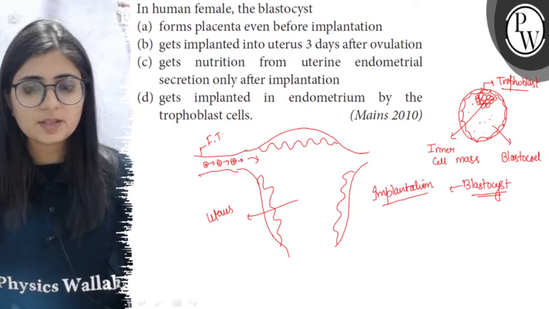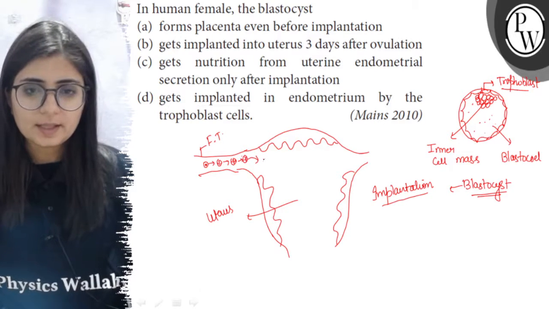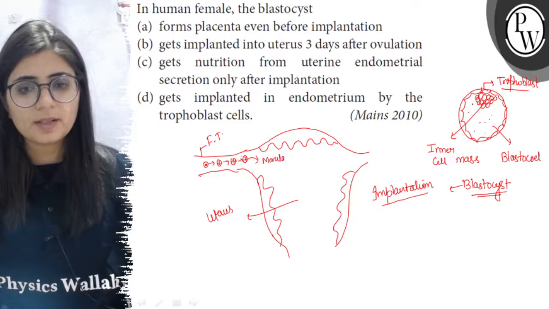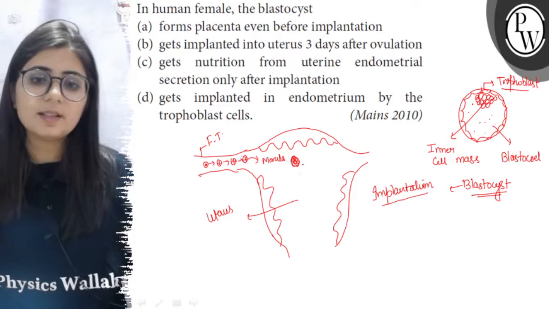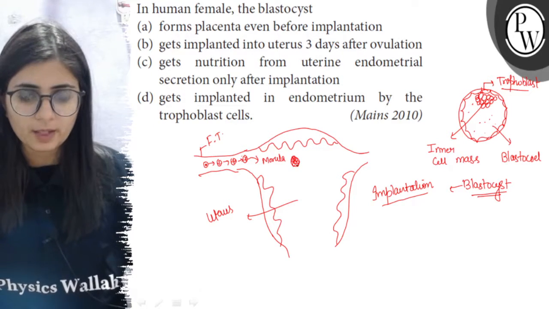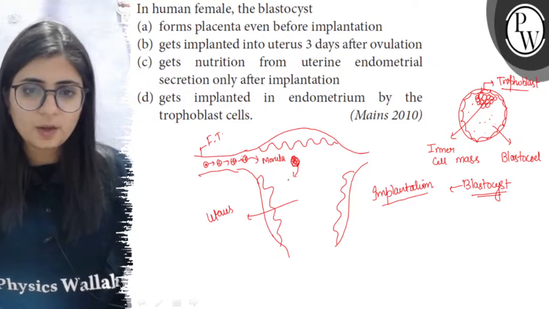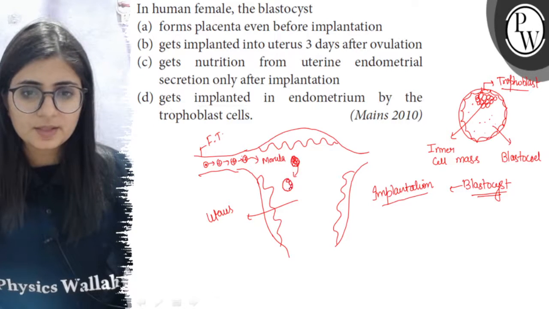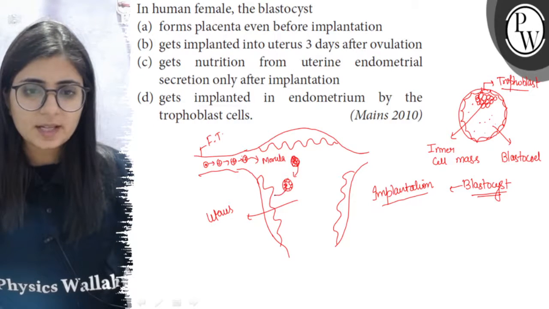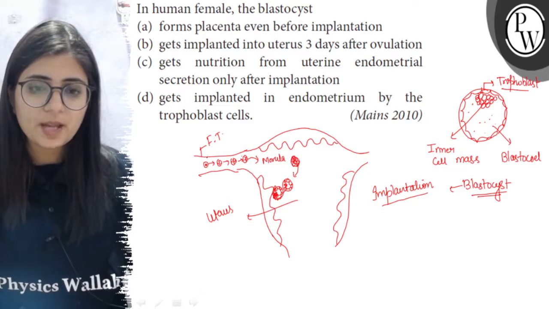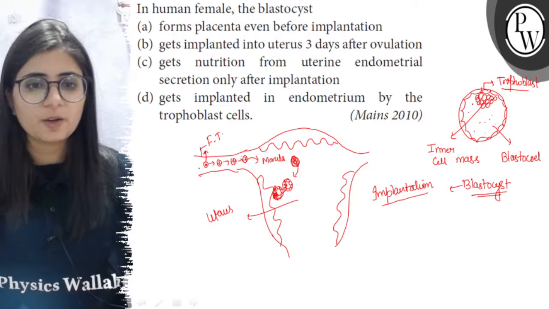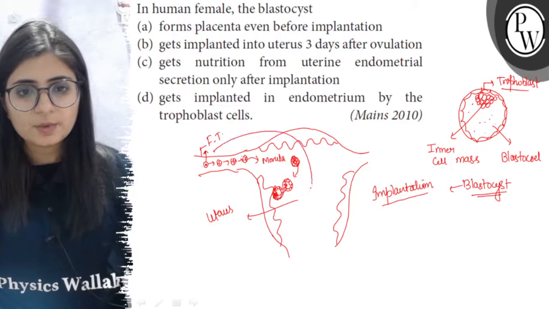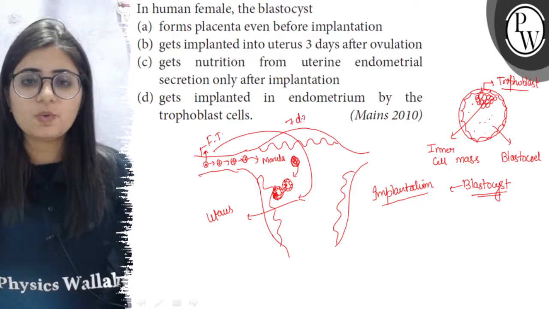When it reaches the uterus, it is at morula stage, a group of cells arranged in a solid, ball-like mass, and this morula now gets converted into the blastocyst, and this blastocyst gets attached with the uterus. This is called implantation, and from the formation of zygote or after fertilization to the implantation it takes about 1 week.